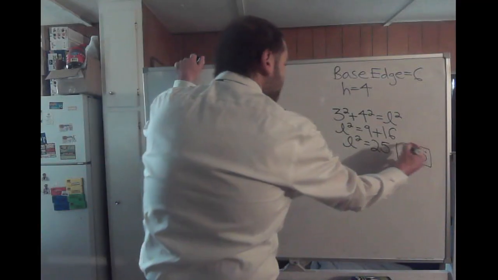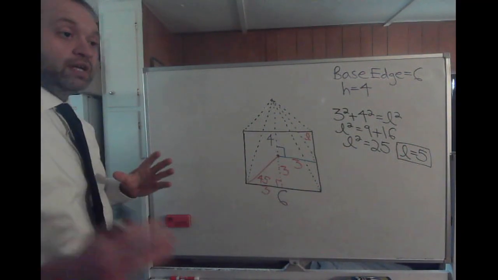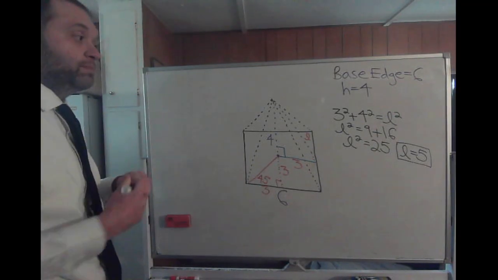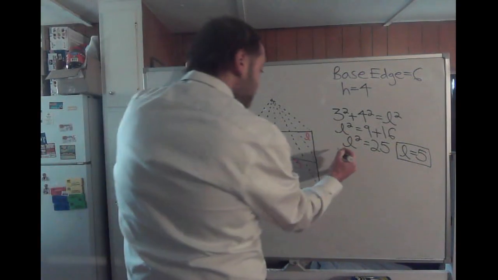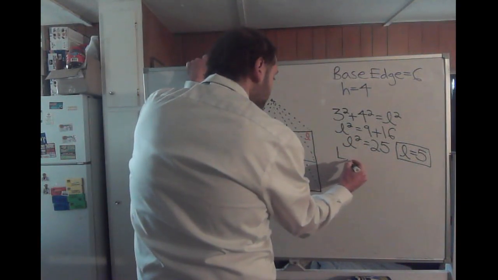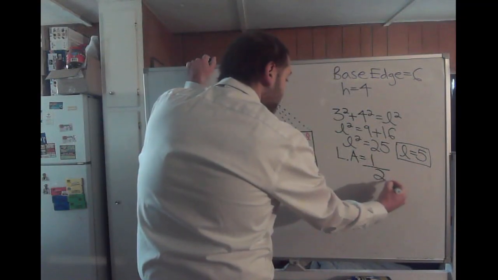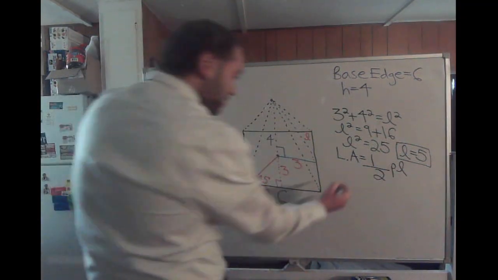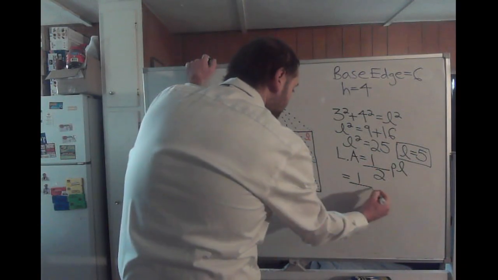So now, since I found the slant height, I do have a prayer of being able to find the lateral area, the surface area, and the volume. So of course, the lateral area of a pyramid is equal to half the perimeter of the base times the slant height. Well, we need to find the perimeter.